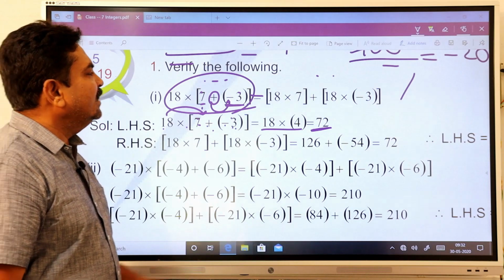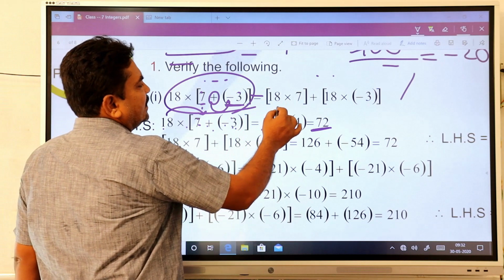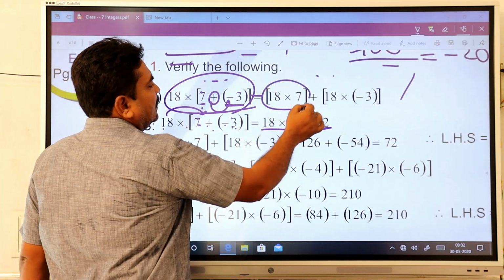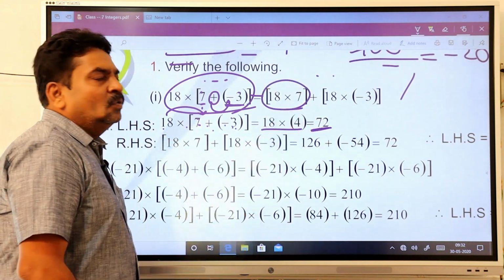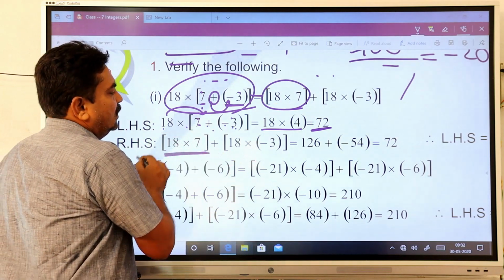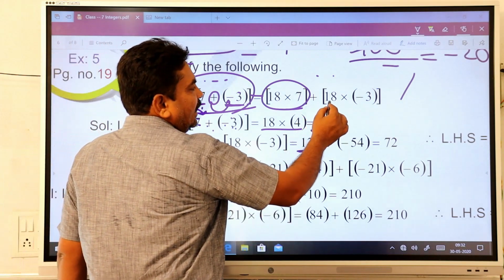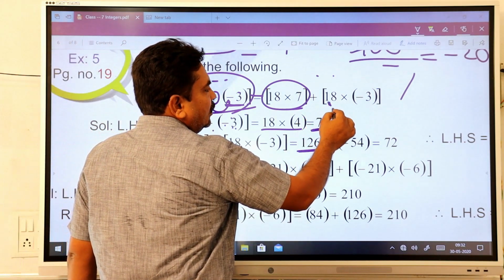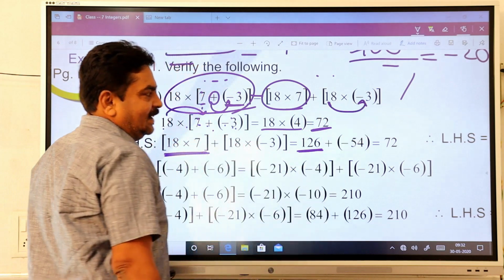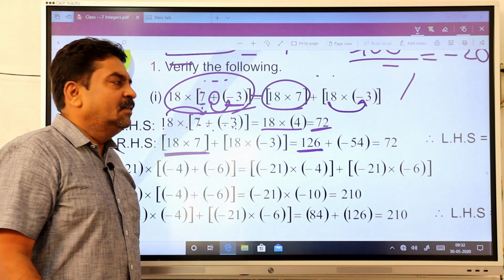So on the LHS you get 72. Similarly, go to the RHS. RHS is simple. 18 into 7 is nothing but how much? 126. And 18 into minus 3 is nothing but minus 54.